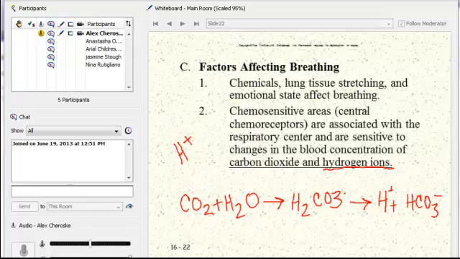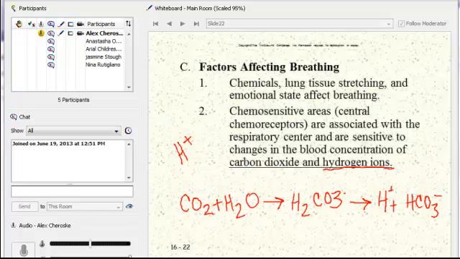So we've got to make sure that we're circulating that around well, getting it up to the lungs and getting rid of that bicarbonate and getting rid of that carbon dioxide. When we get up to the lungs, this is what's going on at the tissues, okay? When we get up to the lungs, bicarbonate ion is floating around in the plasma. Hydrogen ions are floating around in the plasma.